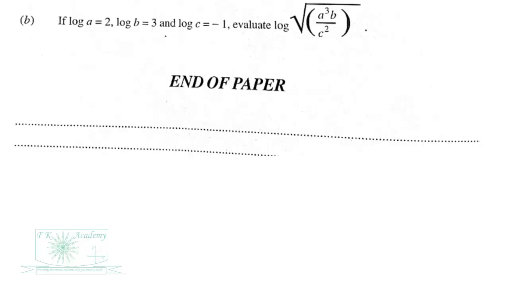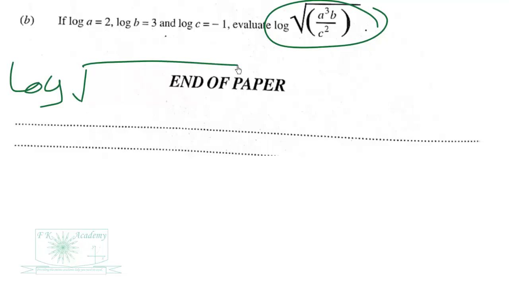This is what we are going to do. We will pick log square root of a cubed times b over c squared.